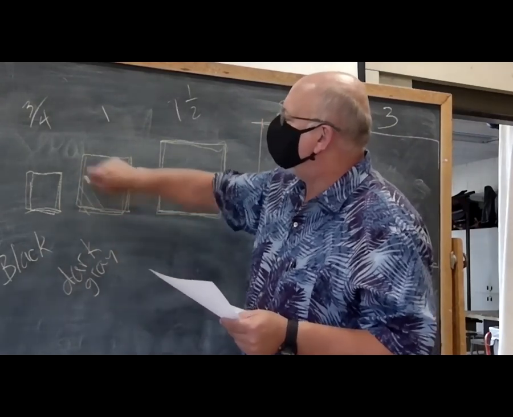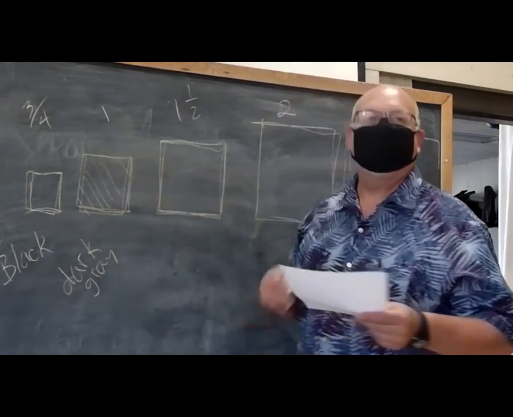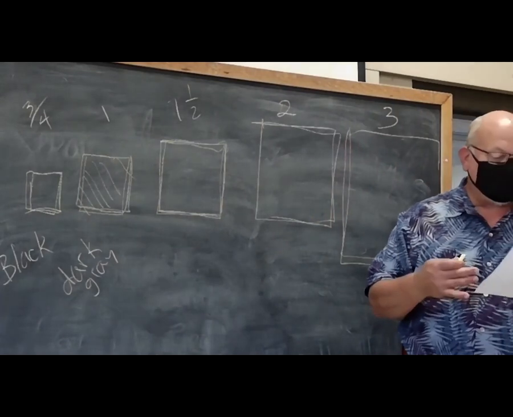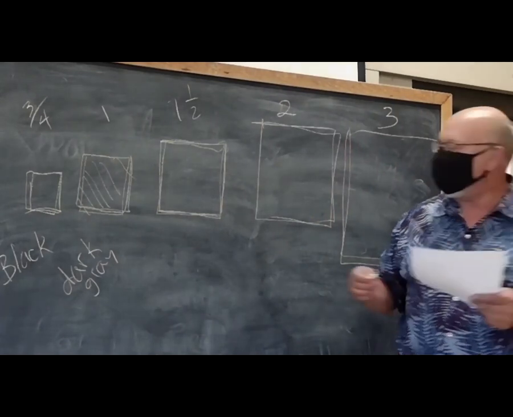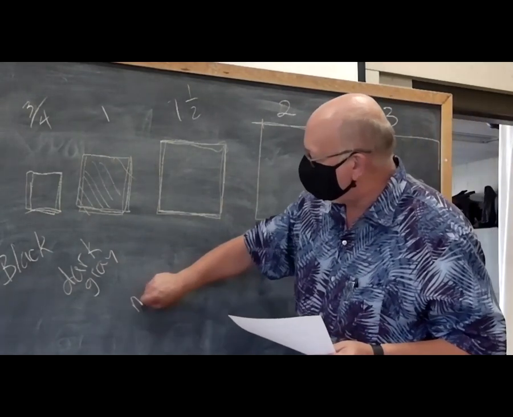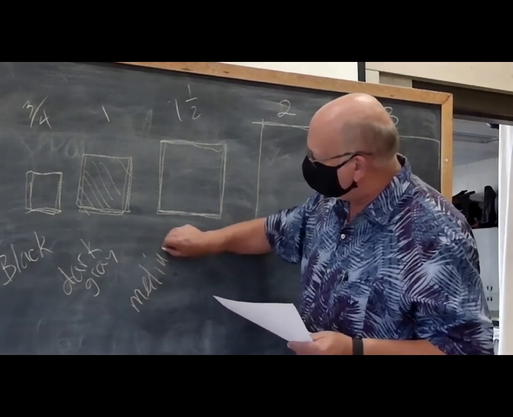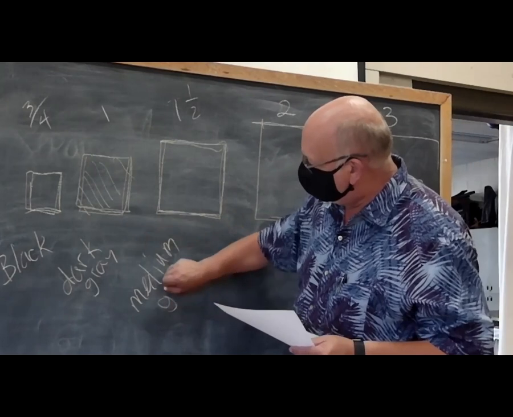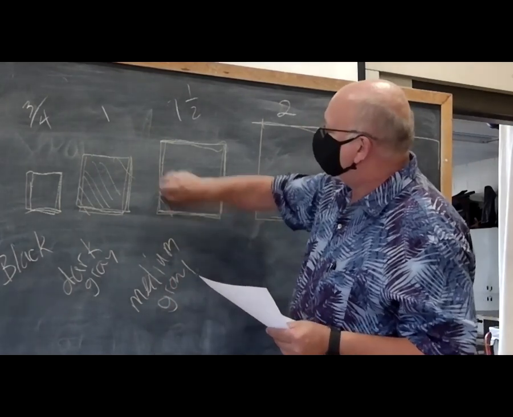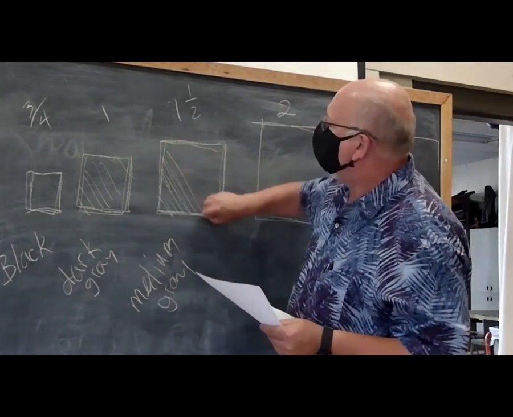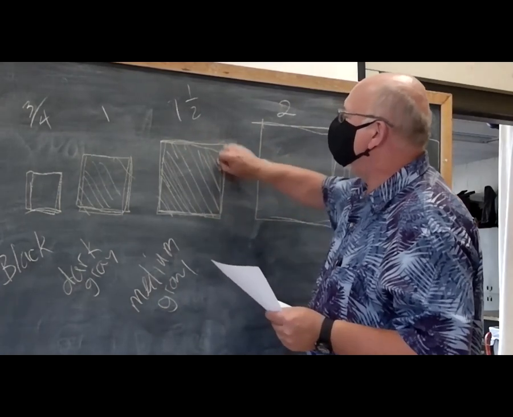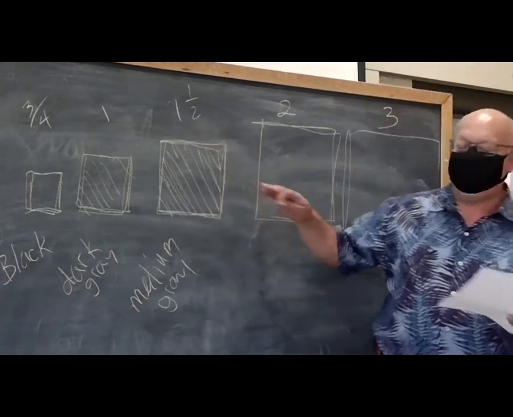It's going to be mostly black with just a little bit of relief on it to make it dark gray. The 1.5 inch square is going to be medium gray. And that's where things fall apart. Medium gray. And so this has kind of a medium half-tone gray to it.